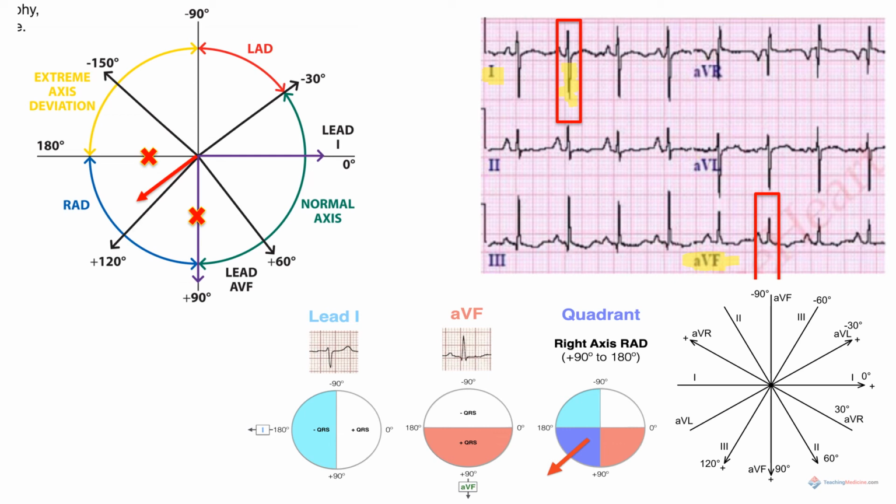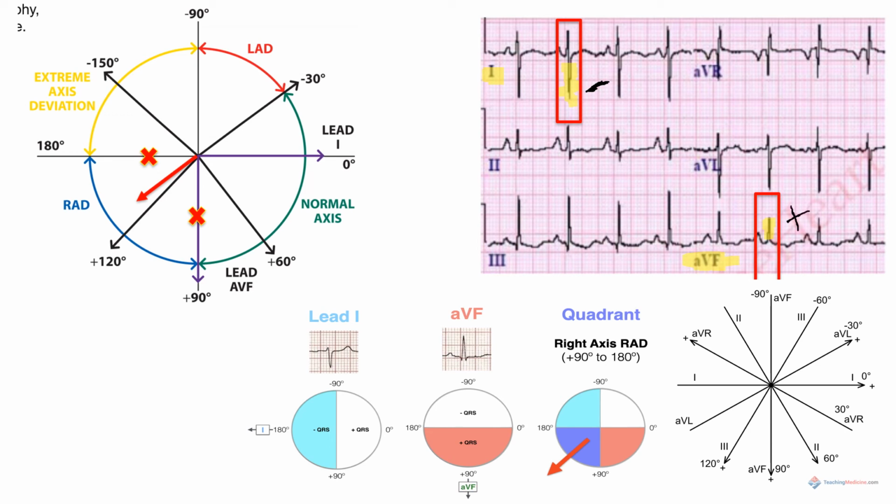It tells us that it's going to be headed in the negative direction. Now, let's take a look at AVF. Here is the R wave. The R wave seems to be the one that has the higher amplitude, so it's going to be headed in the positive direction.